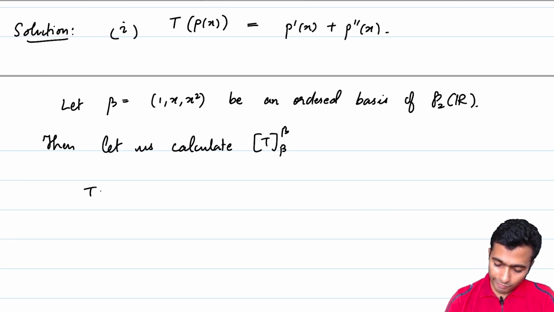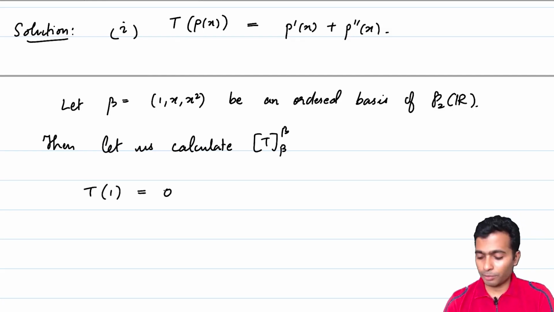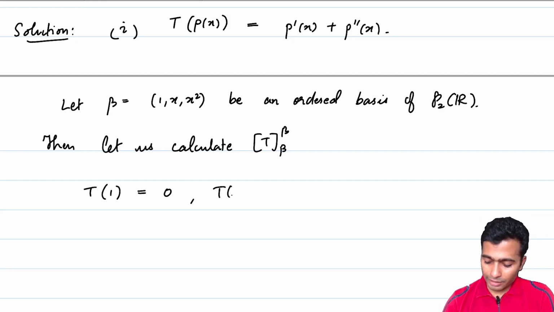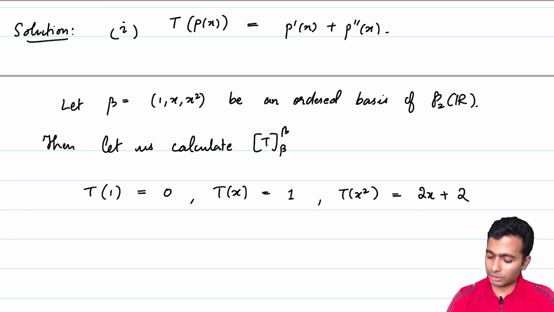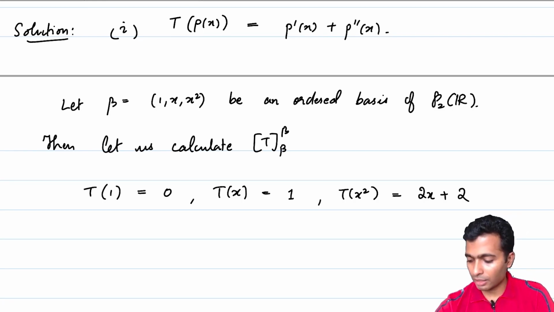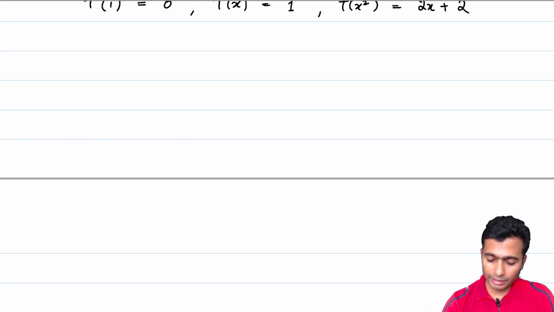So notice that T of 1, by definition, is the 0 polynomial, because the derivative and the second derivative of any constant for that matter is 0. How about T of x? T of x will be x prime, which is 1, plus x double prime, which is 0. So this is going to be 1. And T of x square will be 2x, which is p prime, plus p double prime, which is 2. So this is exactly what our polynomials look like.